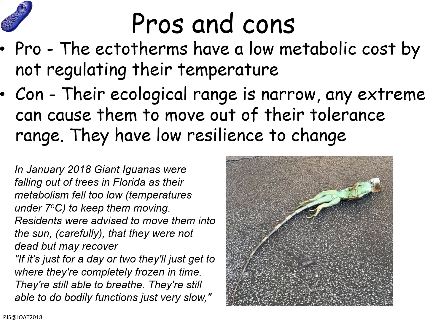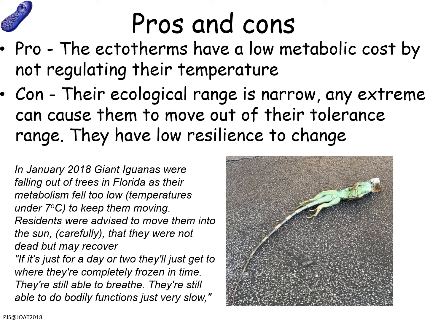This was an article from 2018 which I thought was quite interesting. Florida doesn't generally get very low in terms of temperature, and they had an extremely cold spell for Florida. Temperatures went under 7 degrees, and these giant iguanas that normally just stood up in branches in the trees or clung onto them, their metabolism dropped so far that they just fell out of the trees.